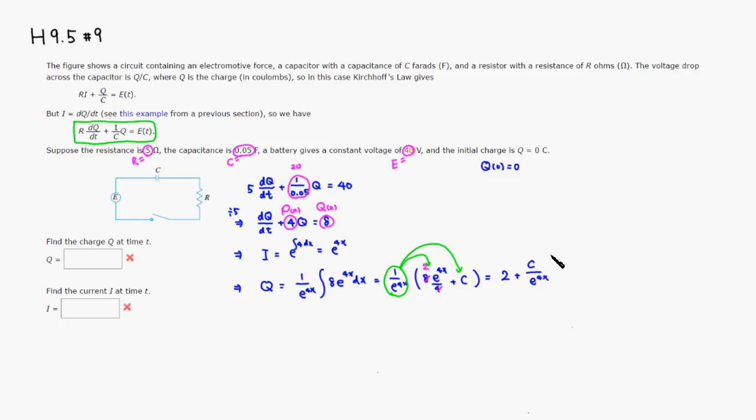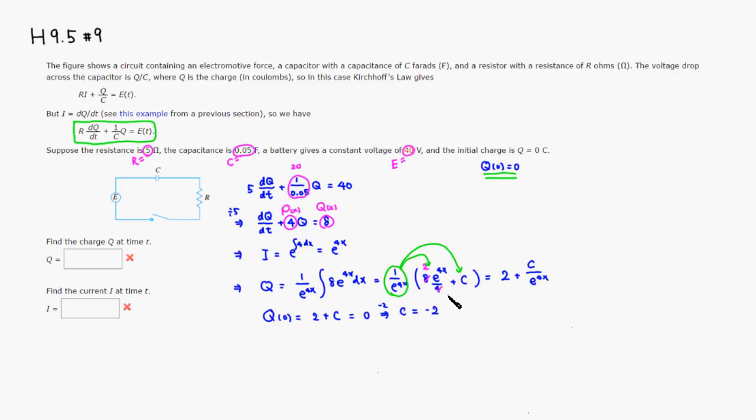Then we can use the initial value condition. Q of 0 is equal to, if you put 0 there, 2 plus, e to the 0 is 1, so it's c, and we're supposed to get 0. By subtracting 2, we have the value of c equal to -2.